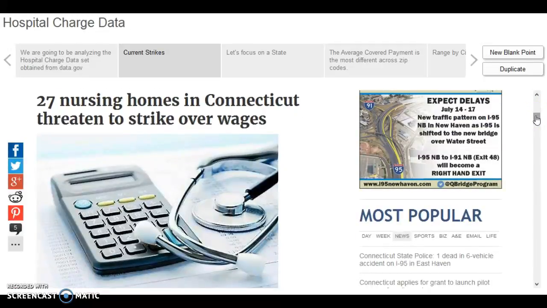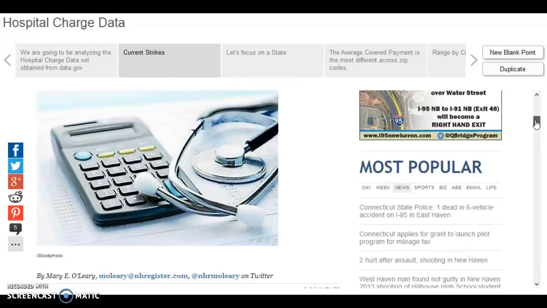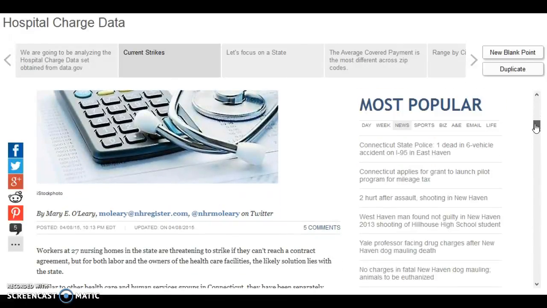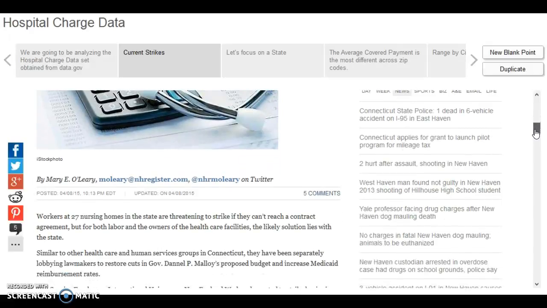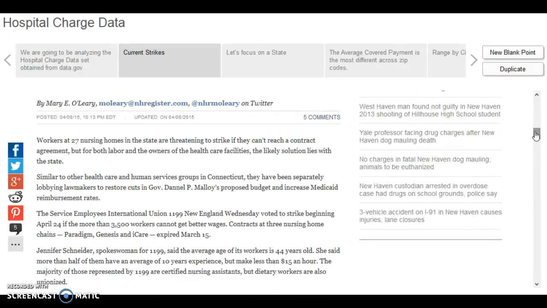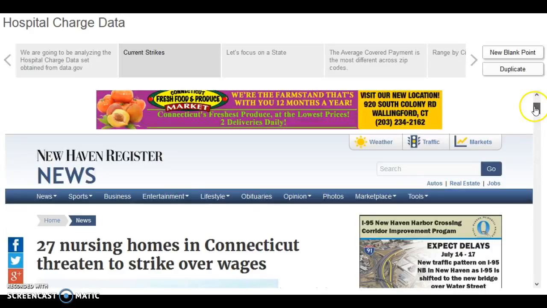My mom's a nurse, and nurses are striking because hospitals are charging so much for procedures, and Medicare is not covering it, so patients usually can't cover it, so hospitals are going into debt, and to save the hospital, they end up taking money away from nurses and people that work at the hospital. So this is a very current issue for this kind of business.